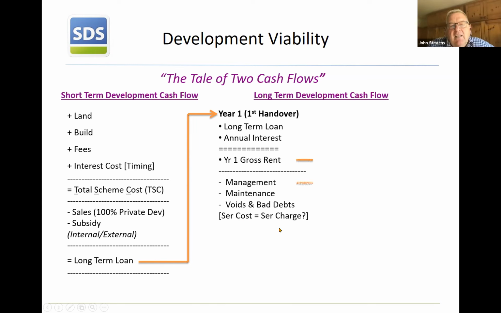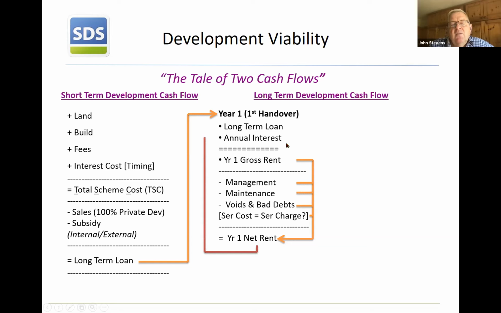Once we've taken the gross rent and deducted our landlord costs of managing the home, we're left with something that we get fixated with, which is the net rent, or the pure rent that we've got to pay off the loan. So once we've deducted our landlord costs, it's the net rent that we then use, and usually this is the model used by most housing associations.